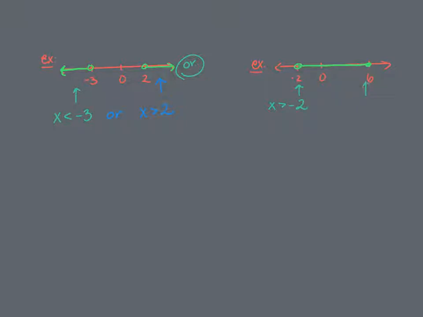And then if I look at 6, this would be all numbers less than or equal to 6. This time it's equal to because it's a closed circle. So my answer is x is greater than negative 2 and it's also less than or equal to 6. With compound inequalities, another nice way of writing that is to say it's all numbers between negative 2 and 6. Either answer is an acceptable choice.